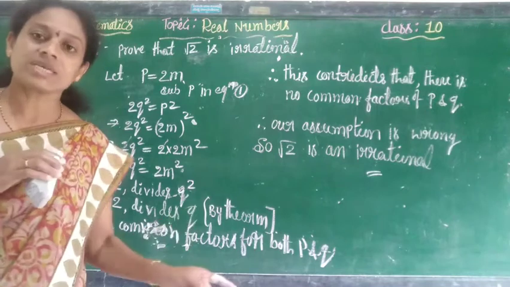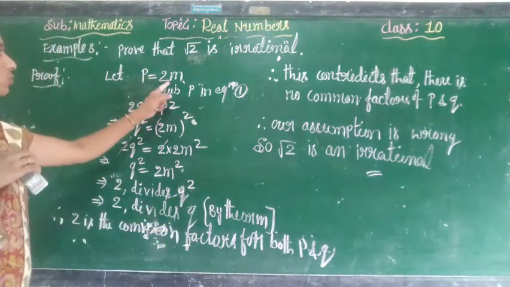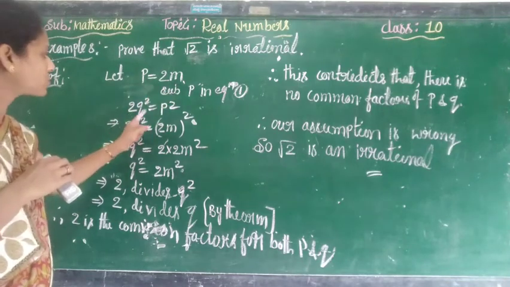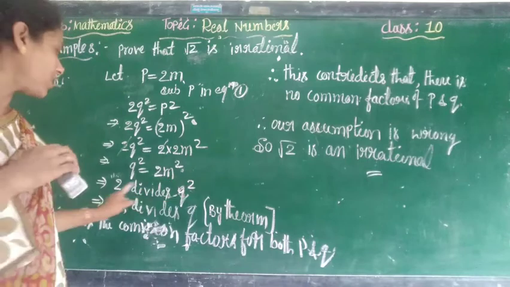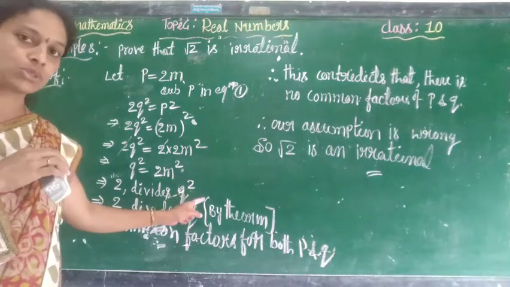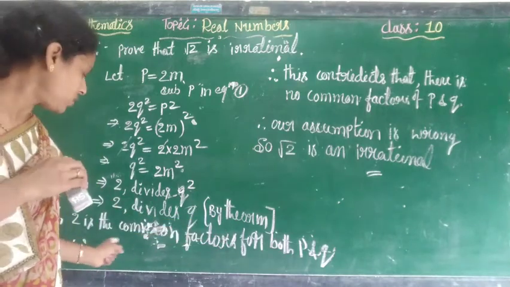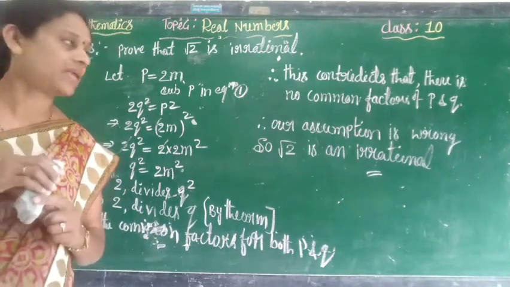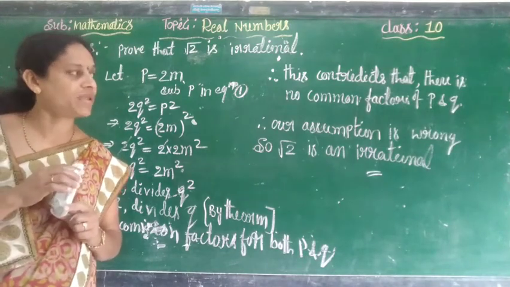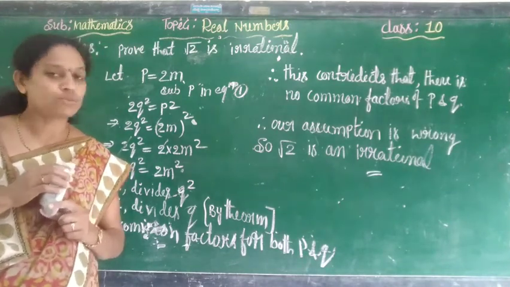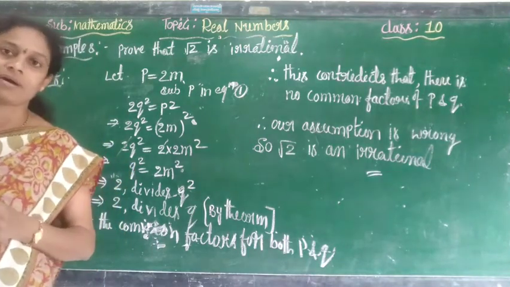So 2 is the common factors for both P and Q. Next, P is equal to 2m ತಗೊಳ್ತೀವಿ. 2q square is equal to P square ಆಗುತ್ತೆ. Therefore Q square is equal to 2m square. ಅವಾಗಲೂ ಕೂಡ ಏನಾಗುತ್ತೆ? 2 divides Q square and 2 divides Q by theorem. Therefore 2 is the common factors for both P and Q. This contradicts that there is no common factors of P and Q. So our assumption is wrong. So root 2 is irrational number.